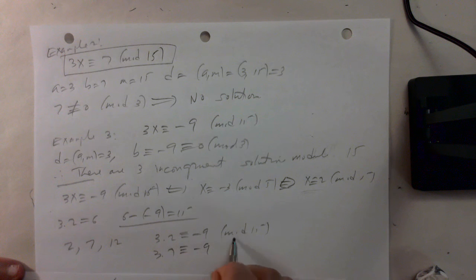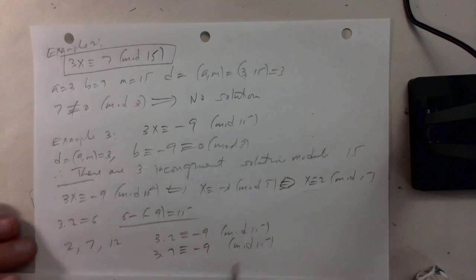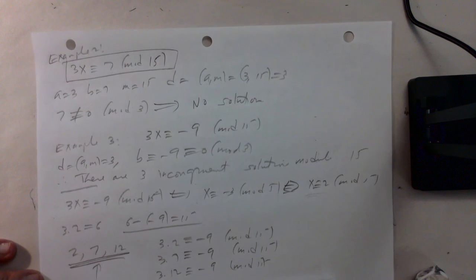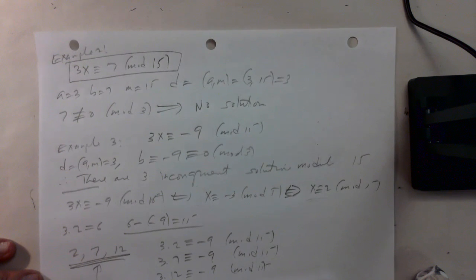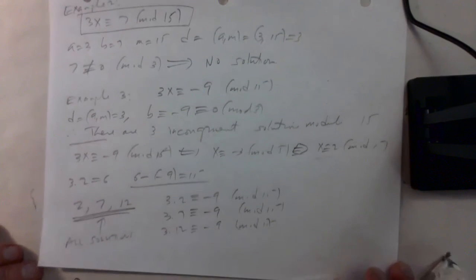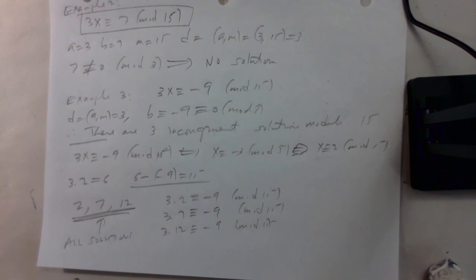It's also congruent to minus 9 mod 15. 3 times 12, that's 36, is also congruent to minus 9 mod 15. So these are all solutions. That is, those congruence classes give all solutions of the equation. Okay, so this is the theorem about solving linear congruences, and this is something that we will use several times. That's it.